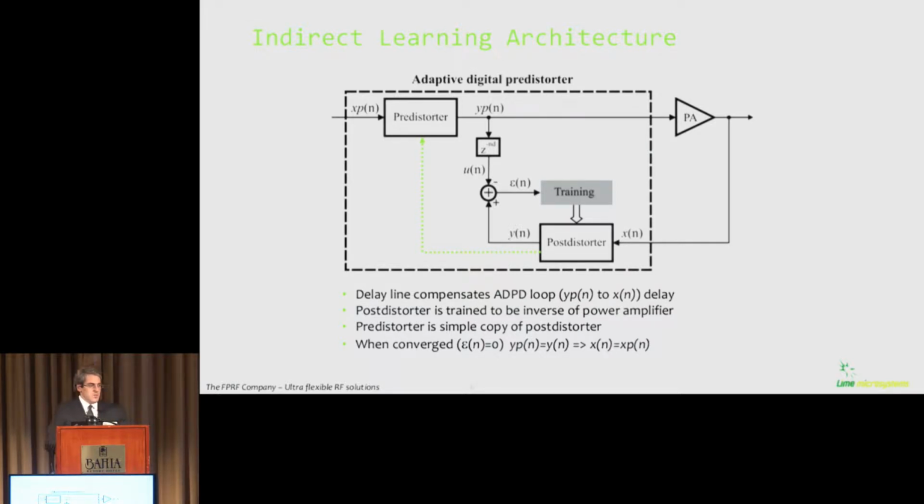During the process of training, we try to find the difference between predistorter and postdistorter output, and the difference is going to be minimized by the training algorithm. When the system is converged, we get 0 error and equality in signals at inputs of both predistorter and postdistorter, as well as at its outputs.